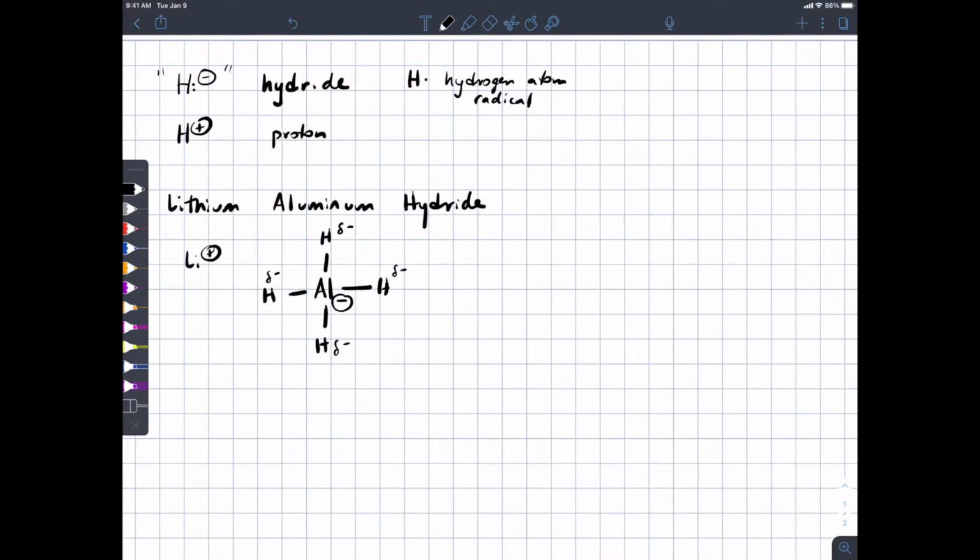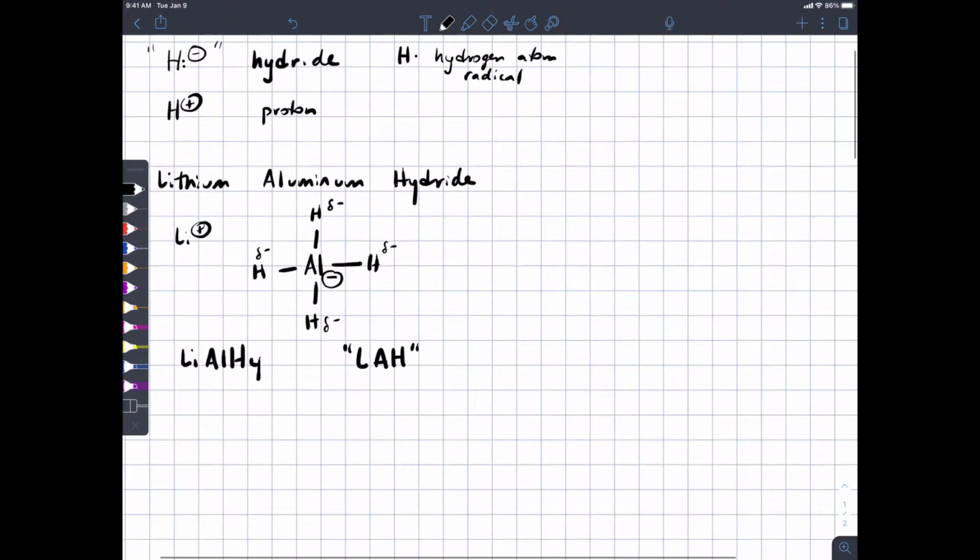Lithium aluminum hydride, though, is very reactive. You might imagine that these hydride delivery reagents might be sensitive to solvents and the presence of water. So when you're using lithium aluminum hydride, and we can abbreviate that like this, or some organic chemists get lazy and call it LAH, it's reactive such that you can't use water or protic solvents.